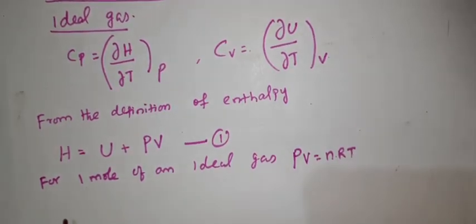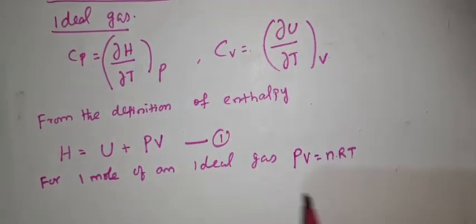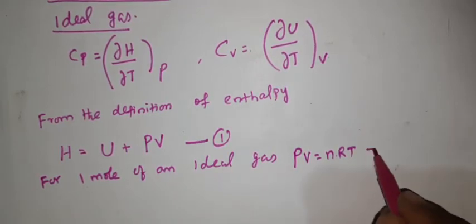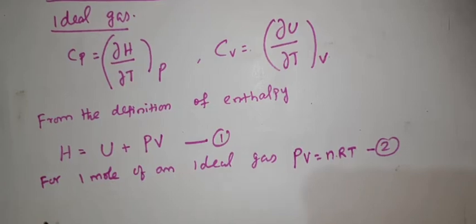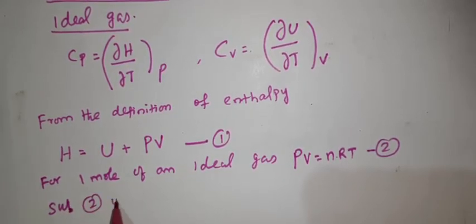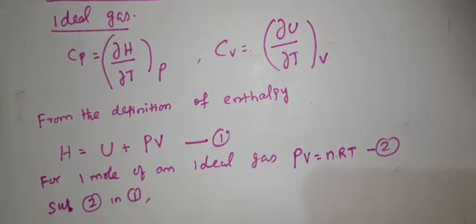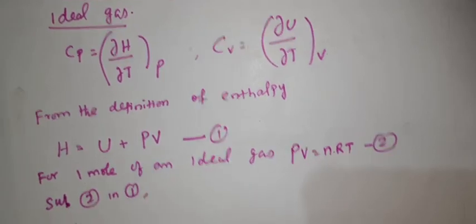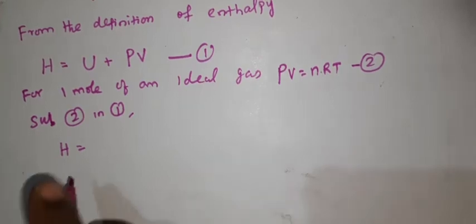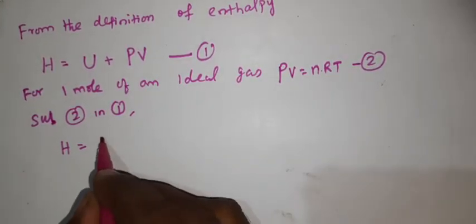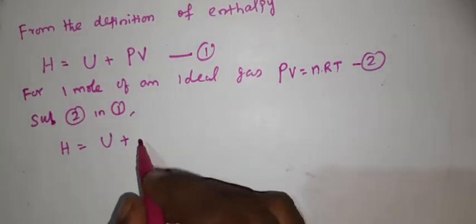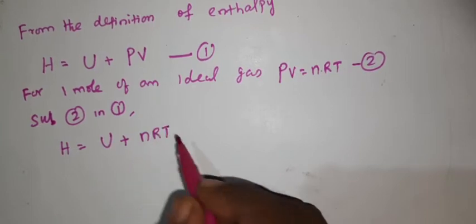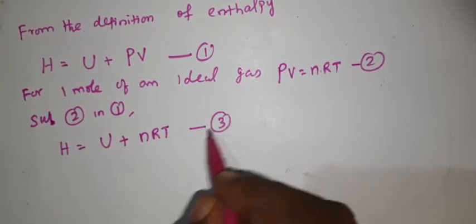Keep this as equation 2. Substitute 2 in equation 1, so we will get H equals internal energy U plus nRT. Keep this as equation 3.